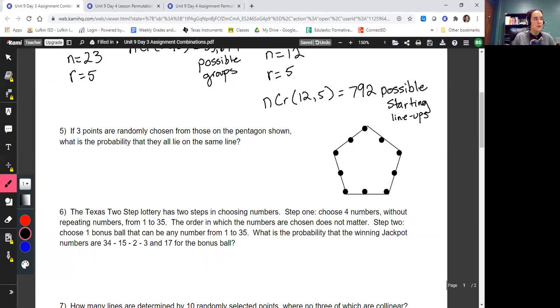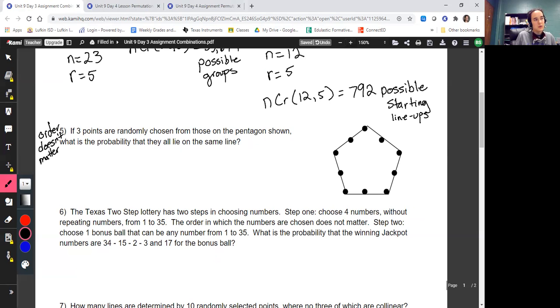Number 5, if 3 points are randomly chosen from those on the pentagon shown, what is the probability that they all 3 lie on the same line? So we need to know how many we have, because again, order doesn't matter, because it doesn't matter what order we choose the points in.